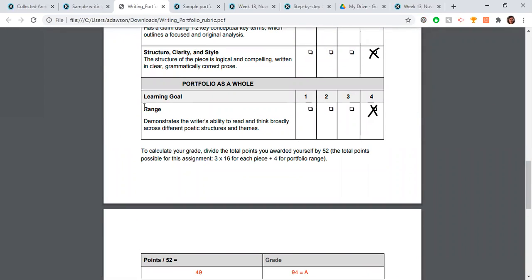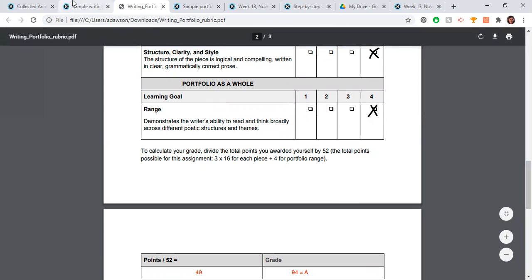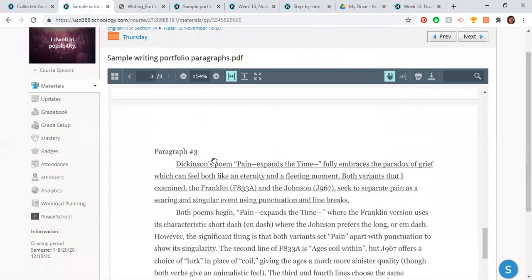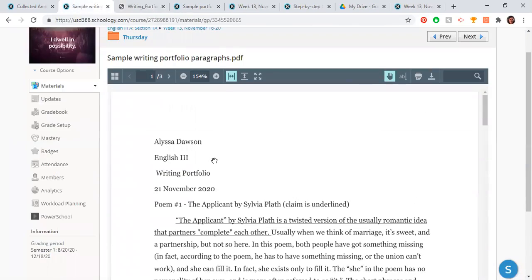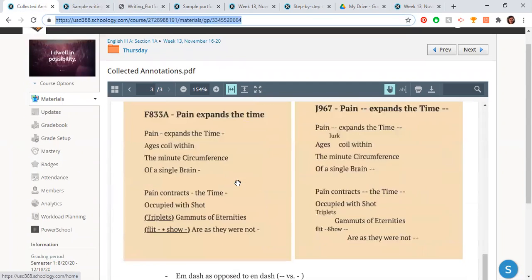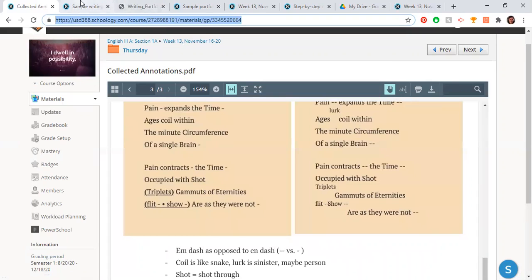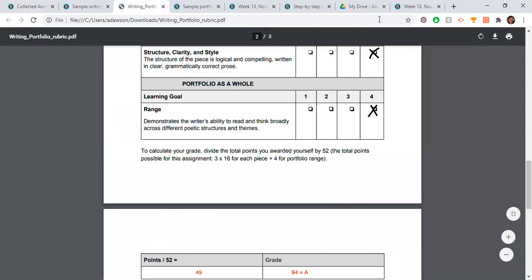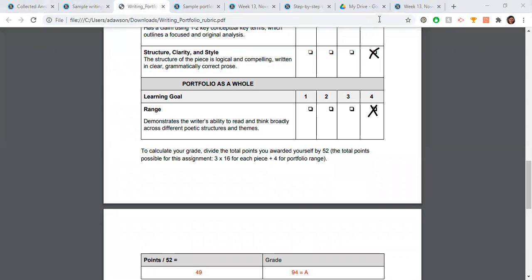And so does this portfolio demonstrate the writer's ability to read and think broadly against different poetic structures and themes? I say yes. These are 3 very different works that are looking at poetry in different ways. The annotations suggest that the writer has different ways of looking at things. So I think, yes, absolutely, it's doing that.